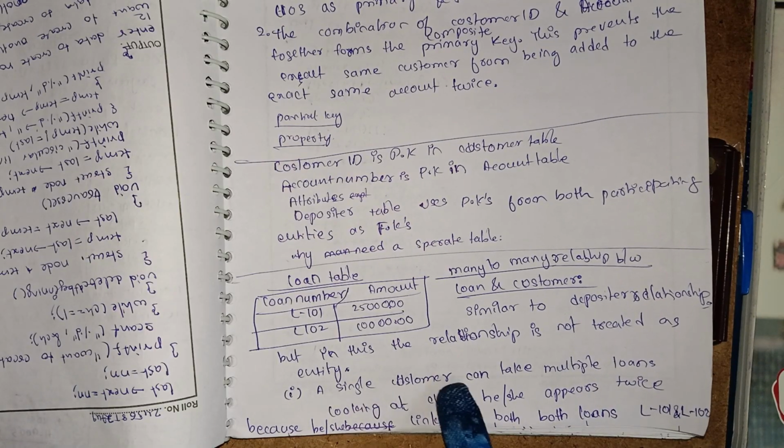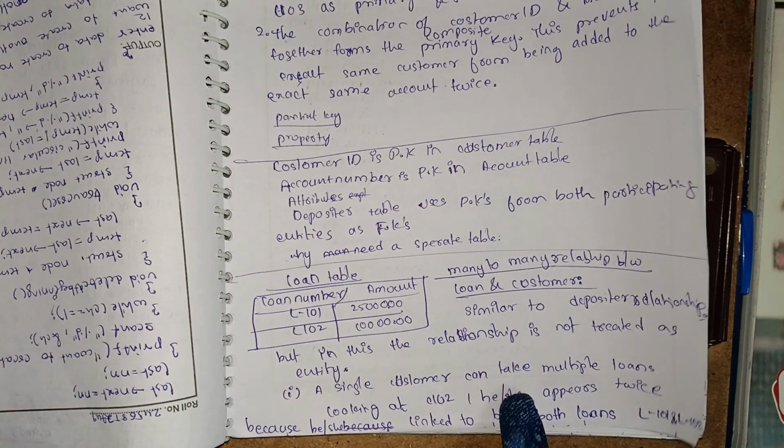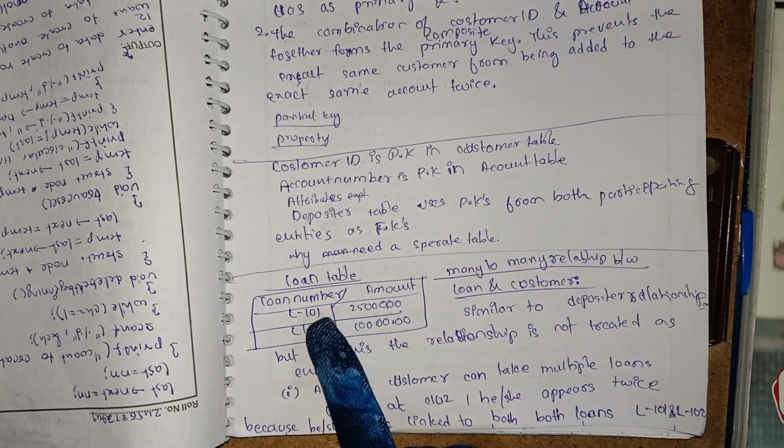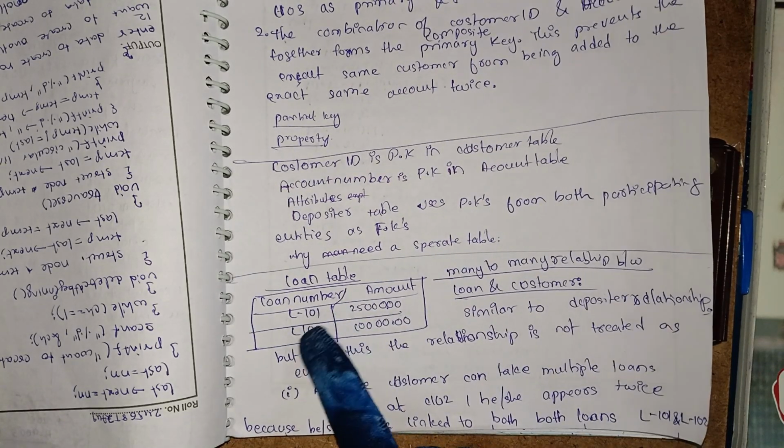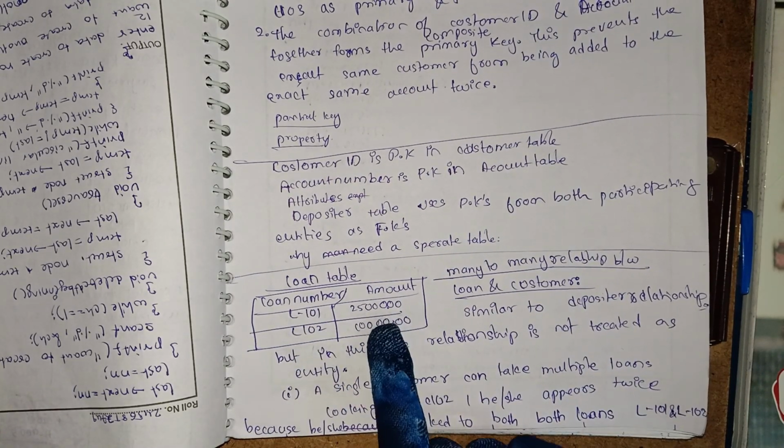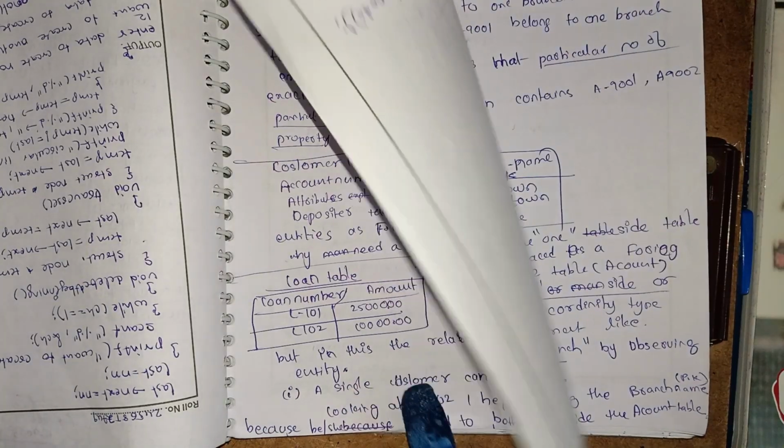So here a single customer can take multiple loans. Here is the loan table: loan number and amount, L101 and L102, 25,000 and 10,000.